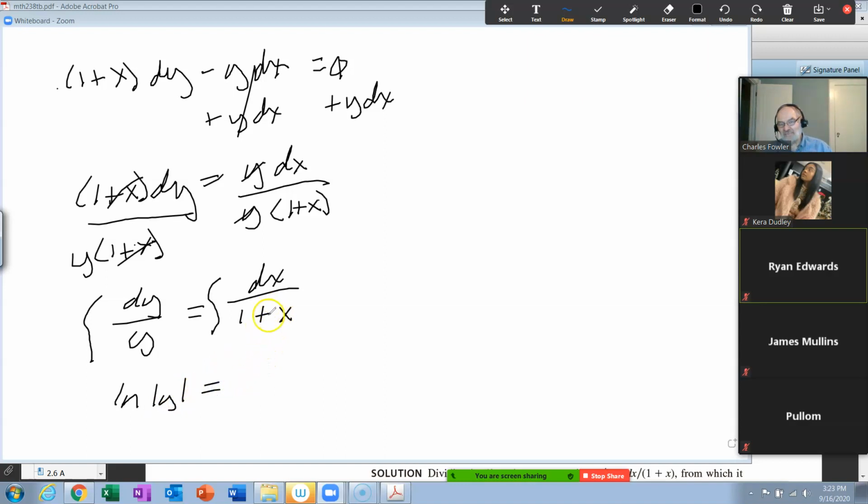How about this one? Well, you might need a u substitution if you want one, but basically it's just going to be log, natural log of absolute value 1 plus x. And somewhere out here you need a plus c.